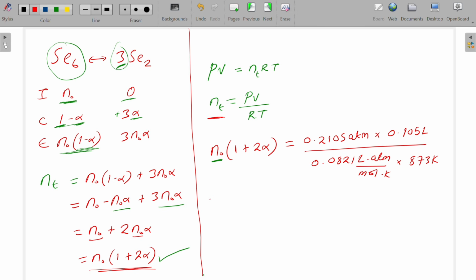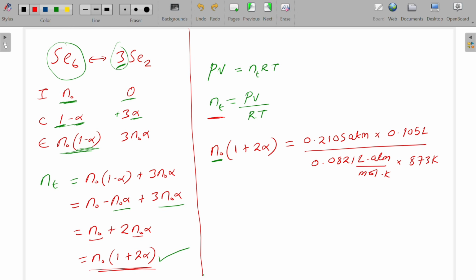So let's say here we still have our n naught, that is multiplying by 1 plus 2 alpha.